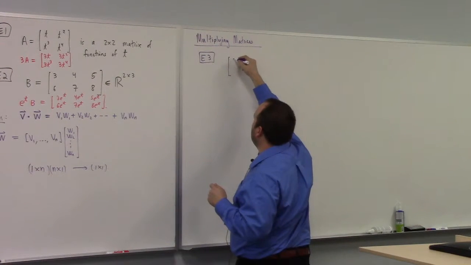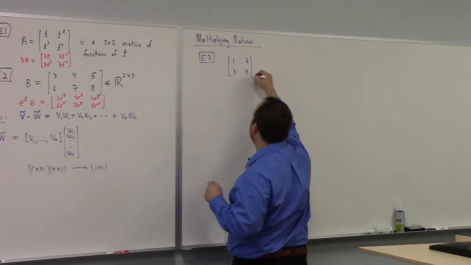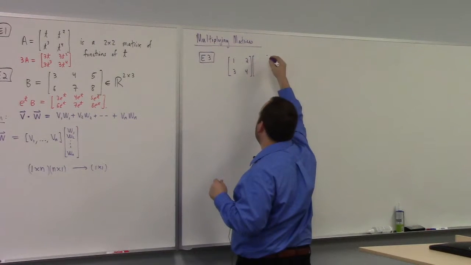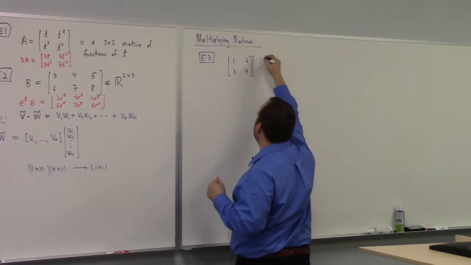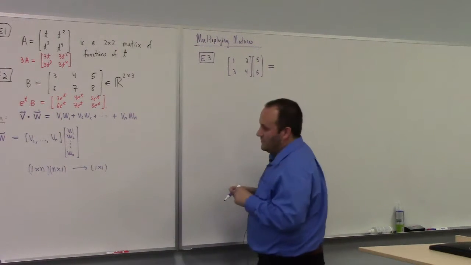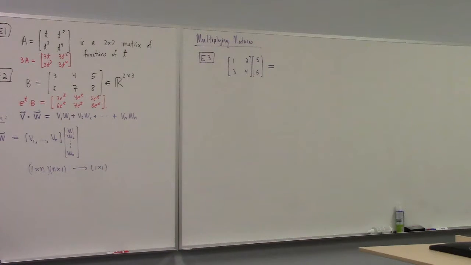So let's see. Suppose you've got 1, 2, 3, 4. All right. And I'm going to multiply that by, we'll start out simple, we'll start out with a column. So let's say 5, 6. All right. How do you multiply a column vector times a matrix?